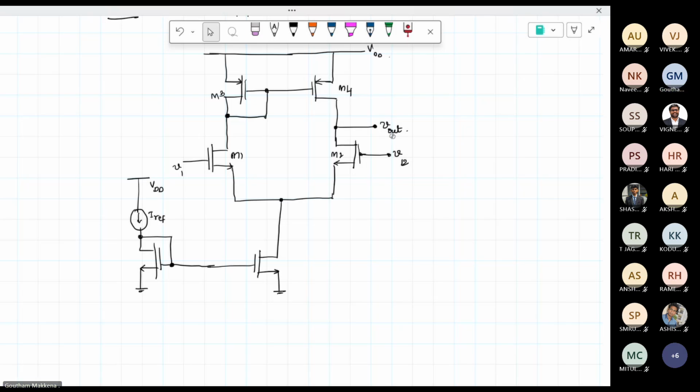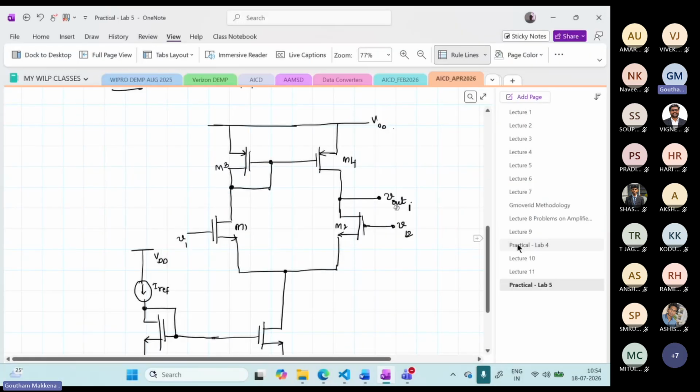Okay. Right. So how do we proceed? Any ideas, anyone? Where do we start? Where did we start for this one in the previous lab?